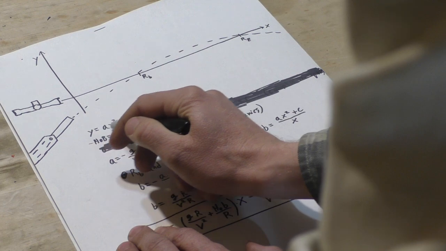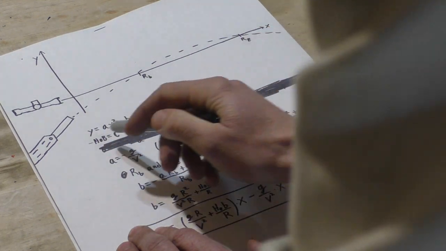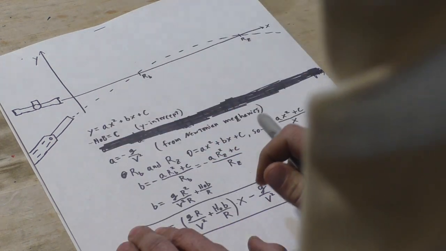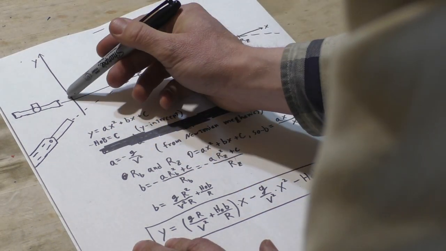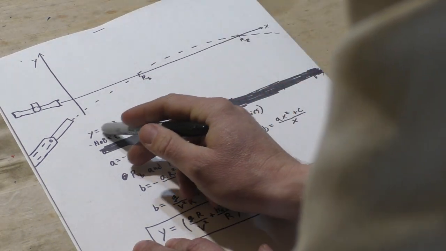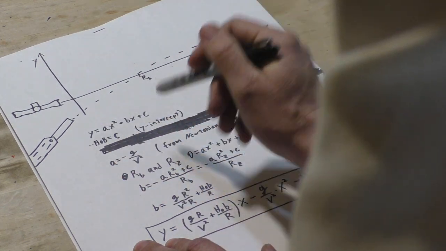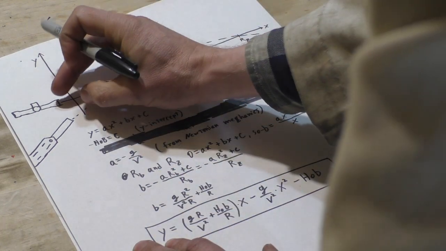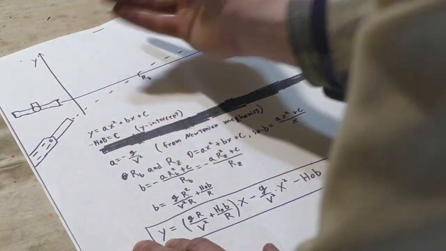So then we've got the generic equation of a parabola here, and we can start to find these coefficients based on what we know about this situation. For starters, at range equals 0, these two terms are going to drop off and we'll just get y equals c. So c is going to have to be equal to negative height over bore, the distance that the barrel is below the line of sight.